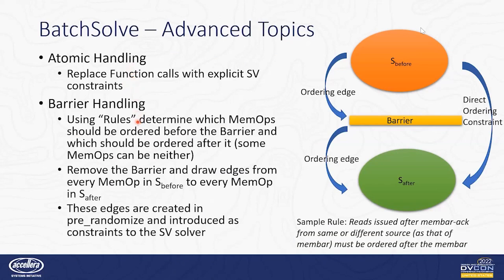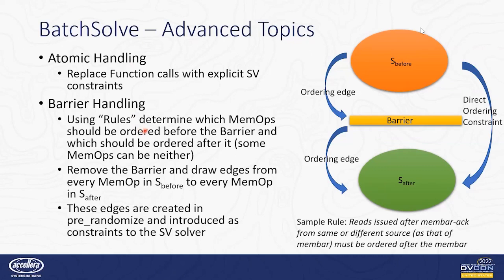The other thing that is particularly tricky is barrier handling in this framework. And although I won't go into all the gory details, I'd like to touch at a high level on how barrier is handled in this framework. So barriers are typically used in producer-consumer thread synchronizations, where it implicitly introduces an ordering constraint between reads and writes coming from different sources.